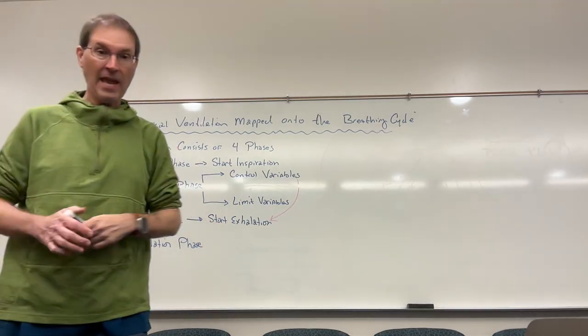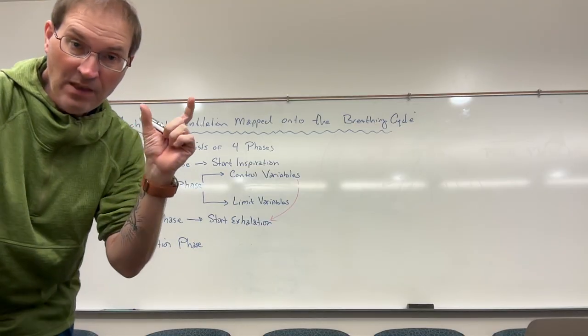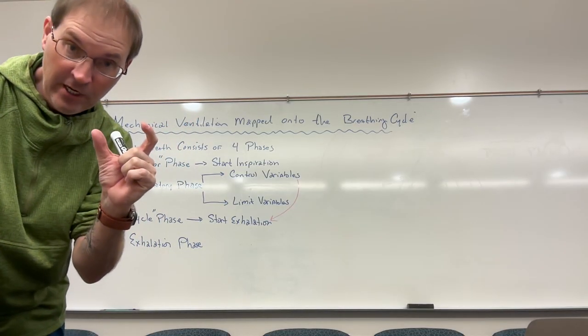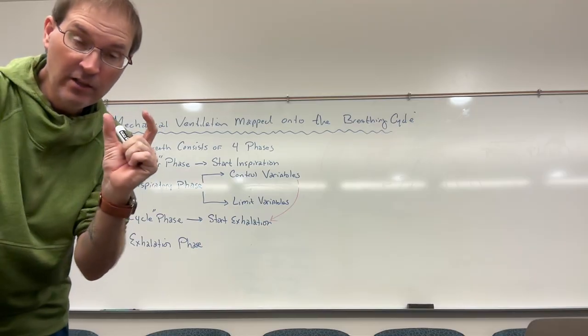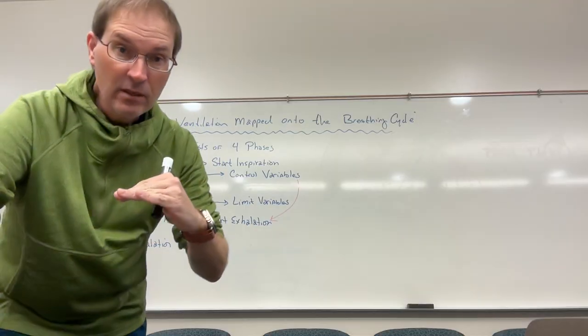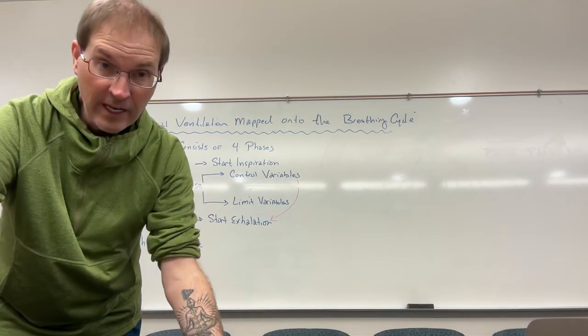So if you set a volume of, say, 500 milliliters, the ventilator will deliver that 500 milliliters, and then once the 500 milliliters has been delivered, that will terminate inspiration and the ventilator will cycle into exhalation.